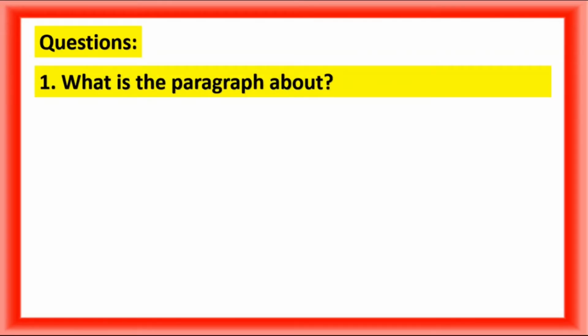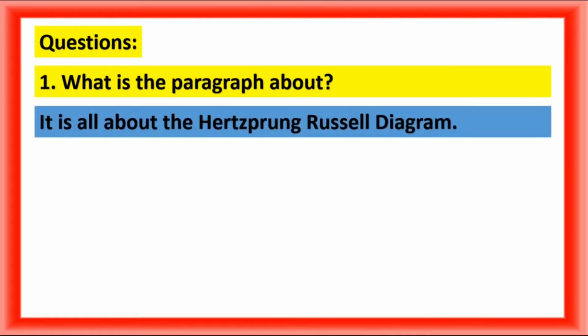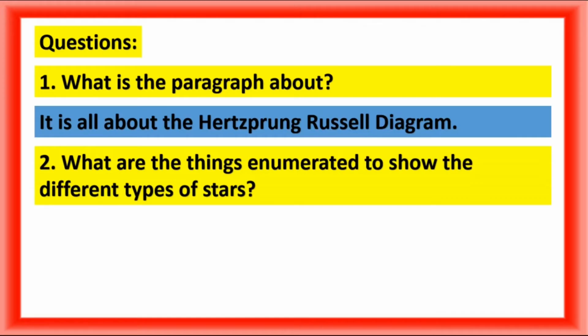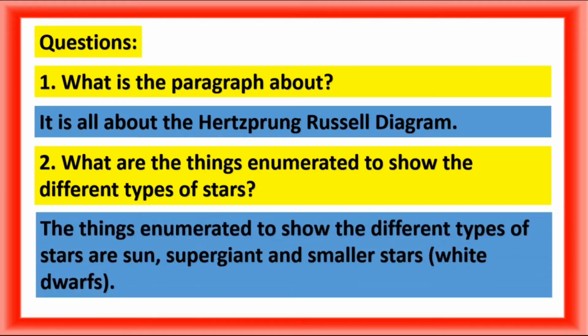Questions. What is the paragraph about? It is all about the Hertzsprung-Russell diagram. Number 2. What are the things enumerated to show the different types of stars? Answer.